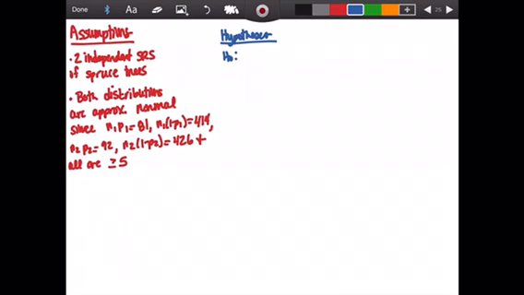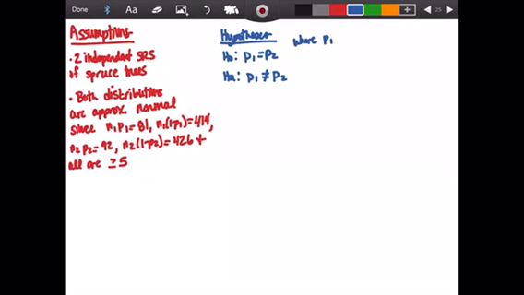Remember, your null hypothesis is there's no difference, so P1 is equal to P2. Our question here was whether there is a difference or not, so this is a two-sided test. We're testing to see whether P1 is different than P2.